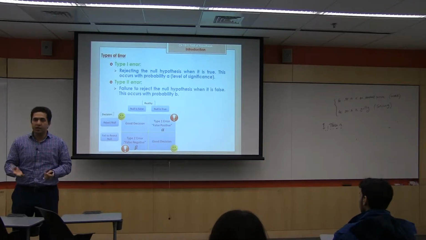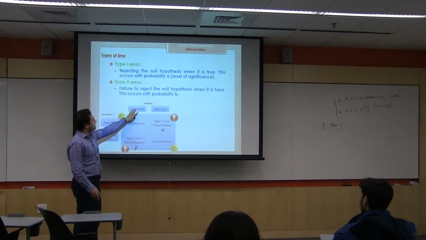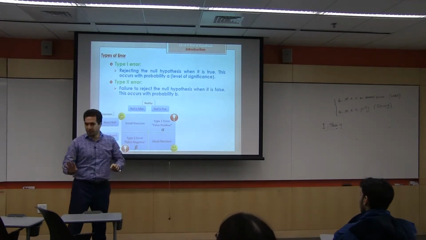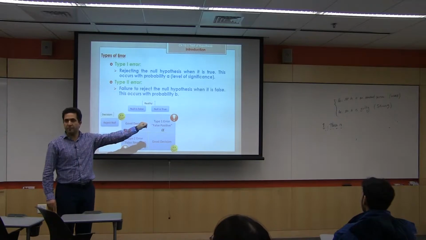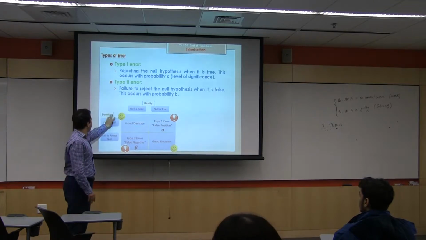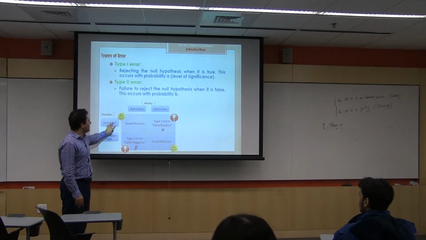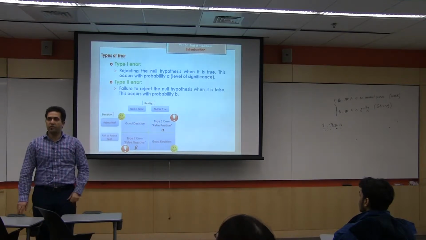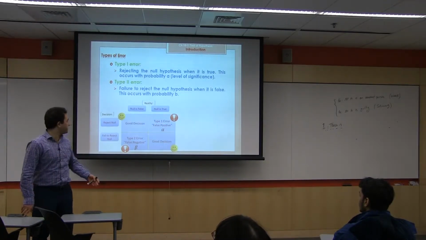Is that right? If in reality the null is false, meaning that the person is a guilty person, in that example. The null being false means what? The person is a guilty person. And if my decision is rejecting the null, I have a good decision, is that right? He was a guilty person and I rejected the null.